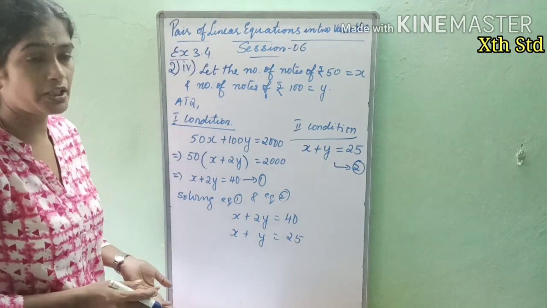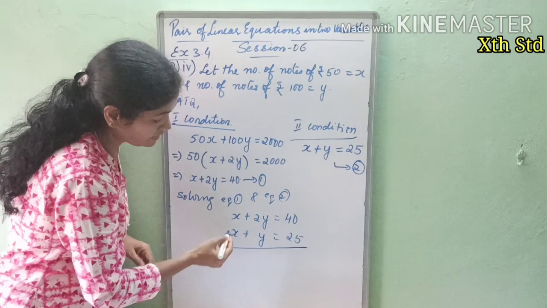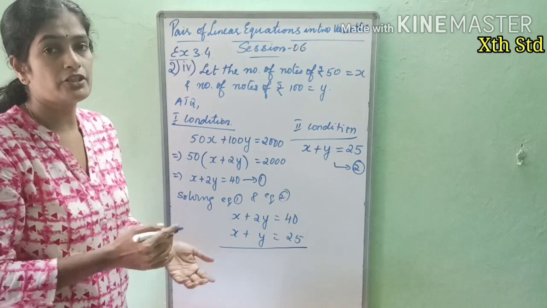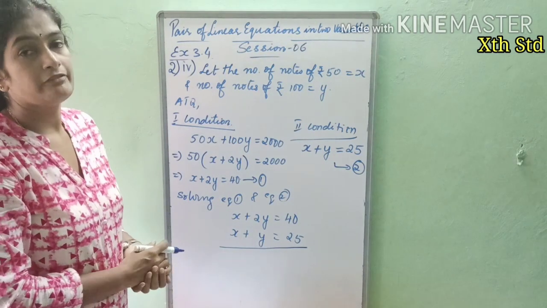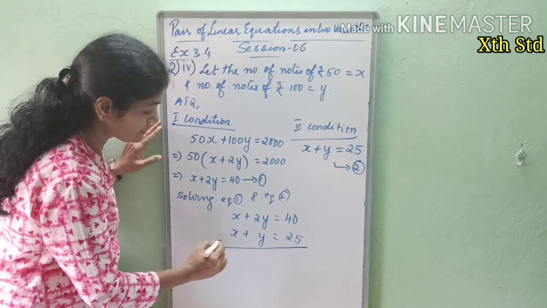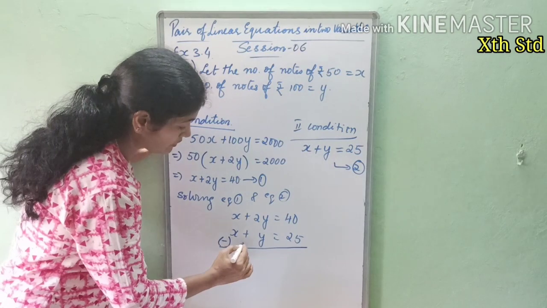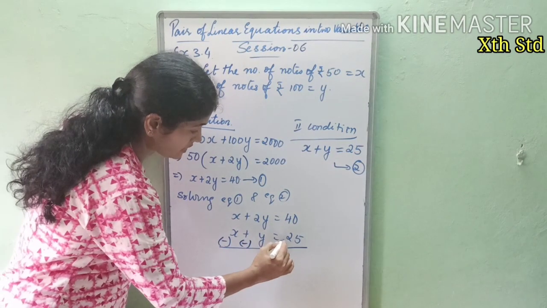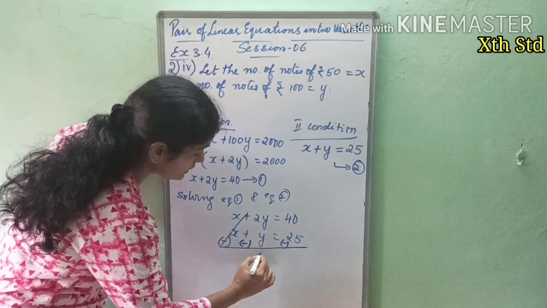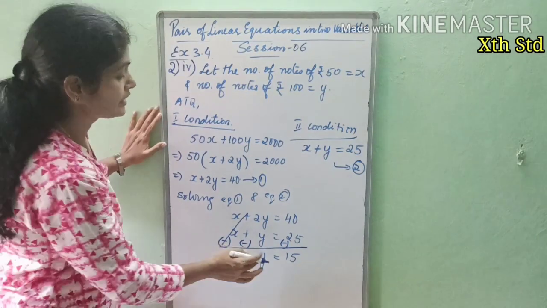There is nothing wrong in doing so, but it is time consuming. So better see that if the coefficients of a variable are already the same, you try to eliminate that variable itself, either by subtracting or adding the equations. In this case, both have the same sign, so I will subtract equation 2 from the first equation. When we do the subtraction, x gets cancelled, and here y is equal to 15. Okay, so what is y?